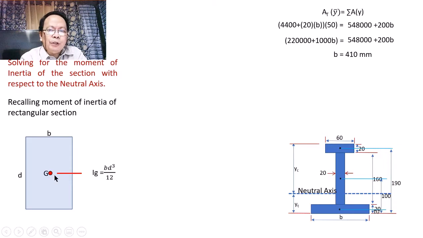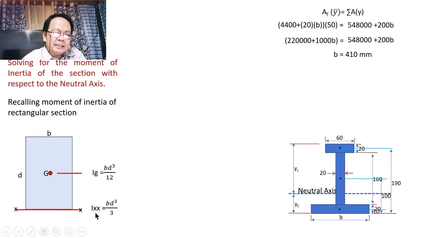Now, if we're going to use the transfer formula, kunin naman natin yung kanyang moment of inertia about this axis that is parallel, that is passing through the base, which is defined here as xx. So, meron tayo ngayon dito moments of inertia about this axis, an axis through the base, and that is equal to bd cubed over 3.